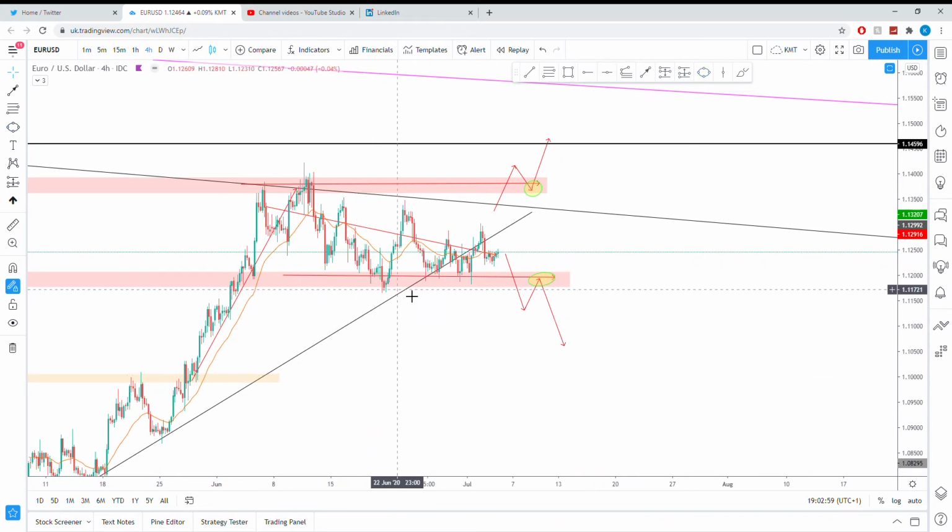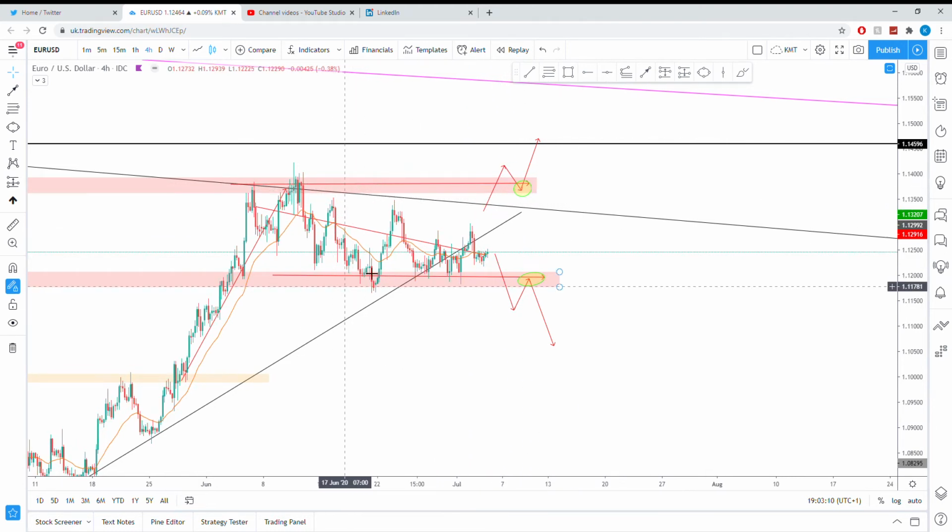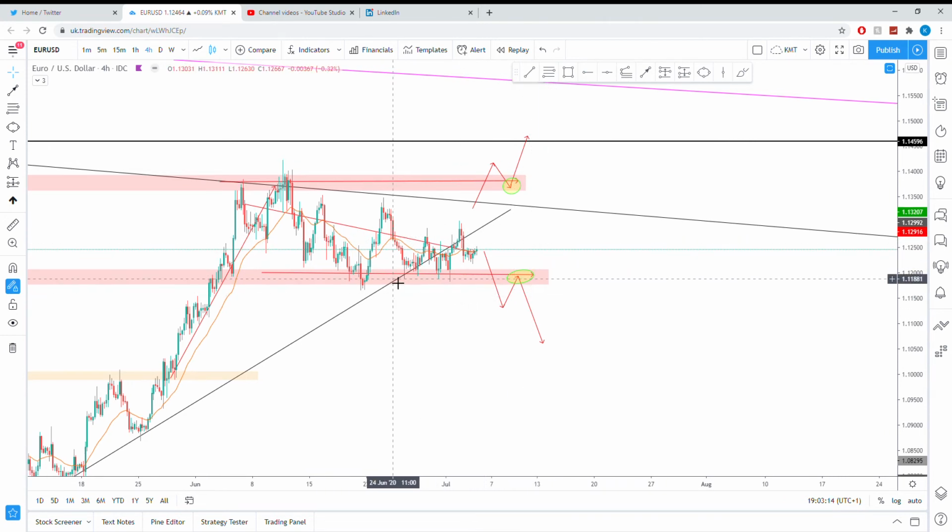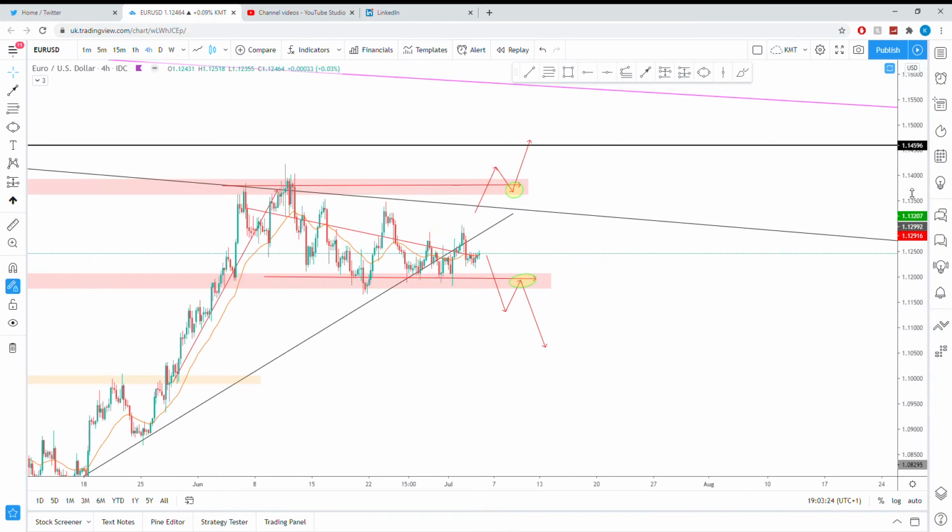So again, keeping an eye out on these two levels. This is roughly at 1.12, and this is roughly just under 1.14. So very wide range. It explains why activity this week may not have been so pushy, because I'm waiting for the push to the upside or downside for a clear structure move again.